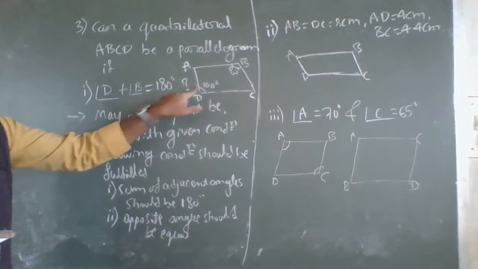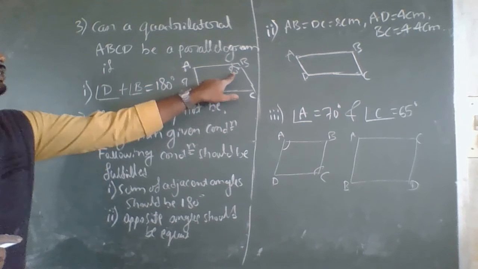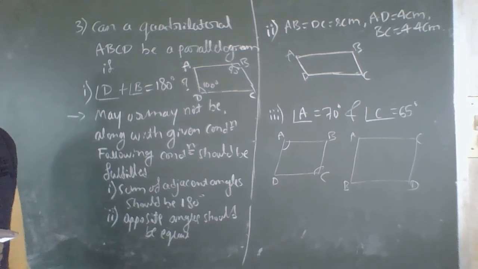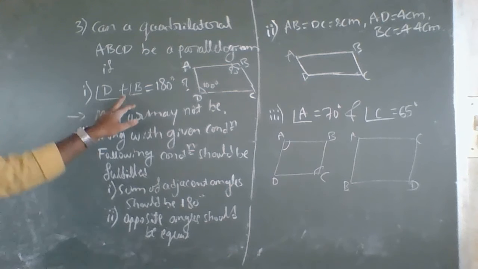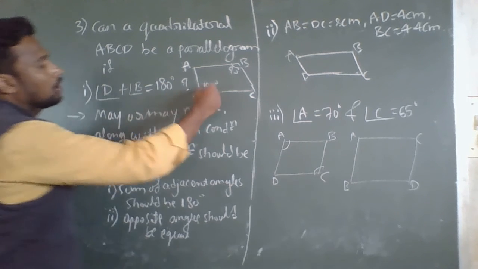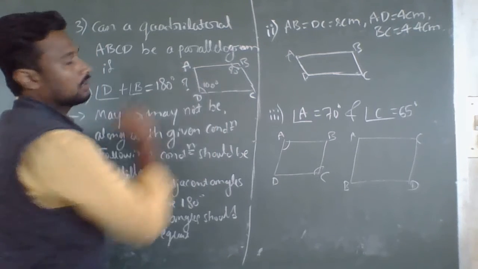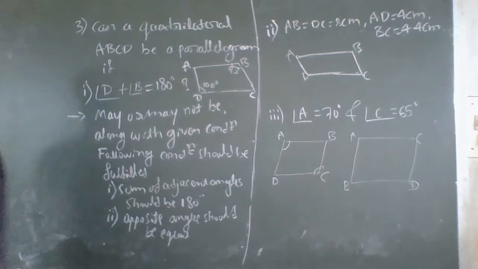Angle D plus B is 180 degrees only, but these two angles are not equal. In this situation, it is not a parallelogram. Why? In a parallelogram, opposite angles are always equal to each other. So here it is 100 and it is 80.